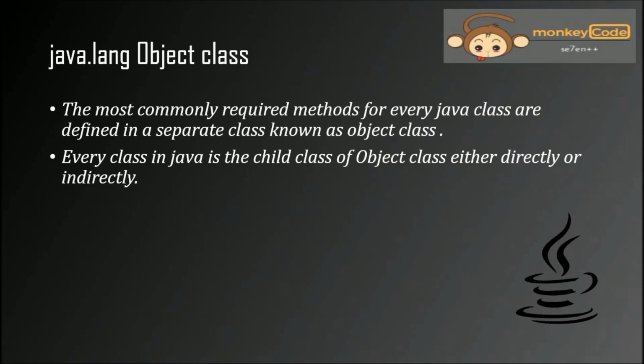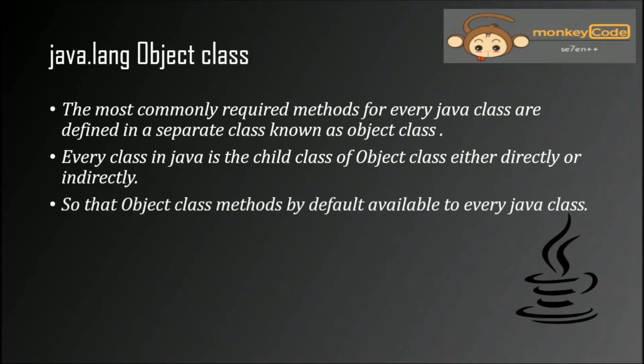I think everyone knows about this. The Object class is a superclass, and every class in Java is a child class of Object class, either directly or indirectly. We will see this point, either directly or indirectly.